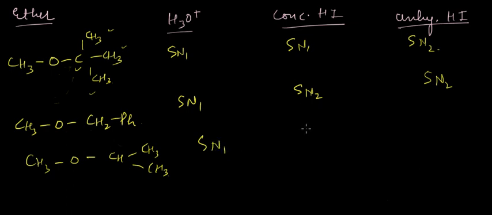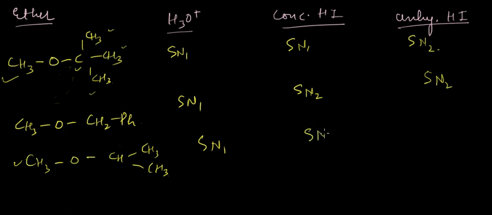But in concentrated HI, compared to this one and this one, this would be more stable and this would be less stable, as it was a tertiary carbocation and this is a secondary carbocation.